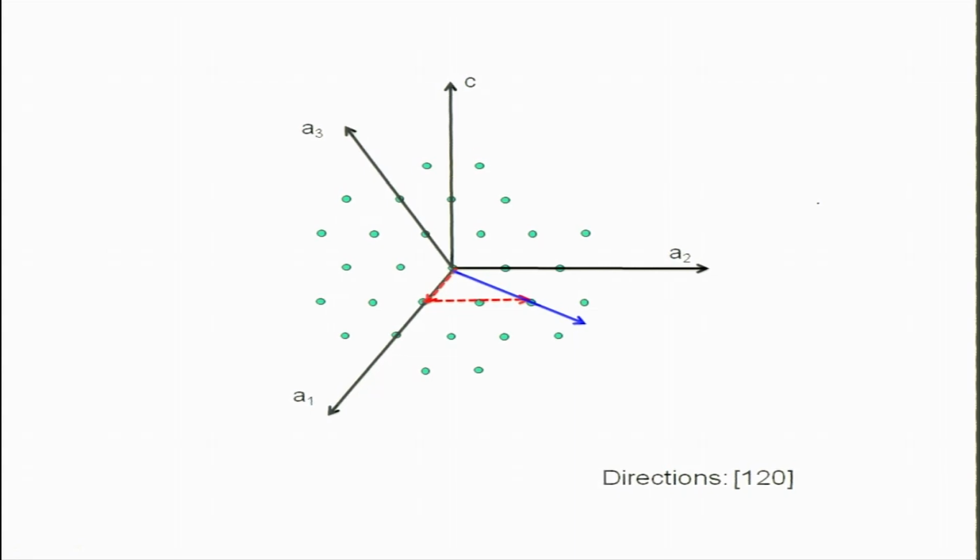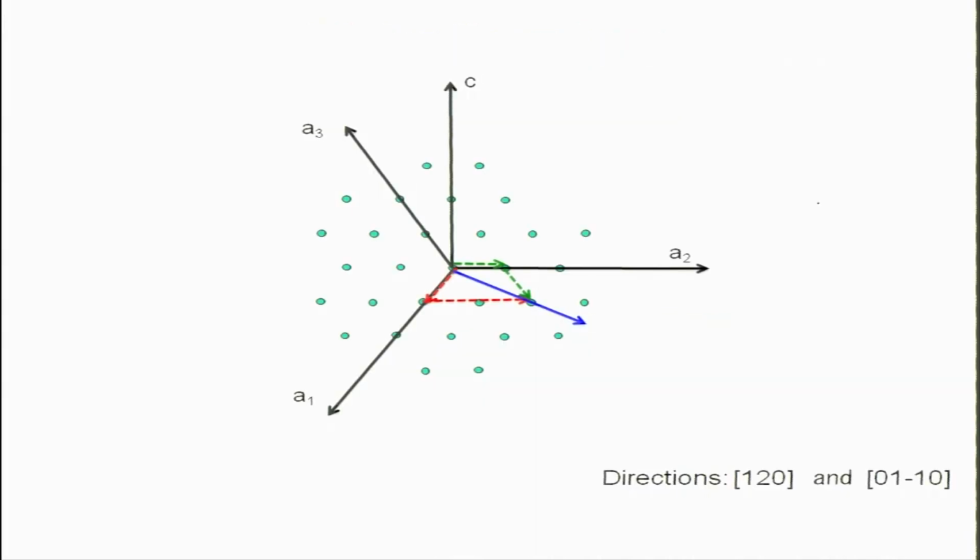Now, what will I do if I want to draw in the 4 coordinate system? Sorry, this is the direction 0 1 bar 1 0 direction.